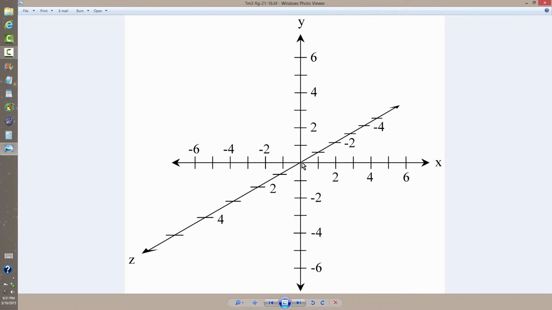Now, in order to be Cartesian, a coordinate system has to have equal increments along each axis that represent equal changes in value. That is to say, the axes must all three be linear, x, y, and z.